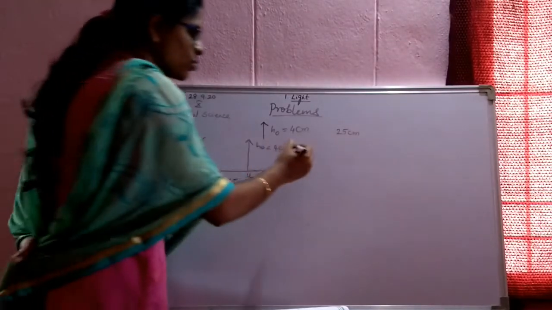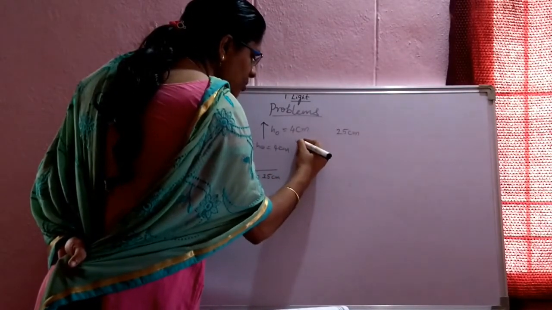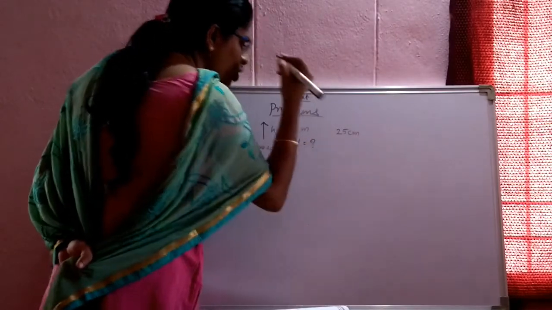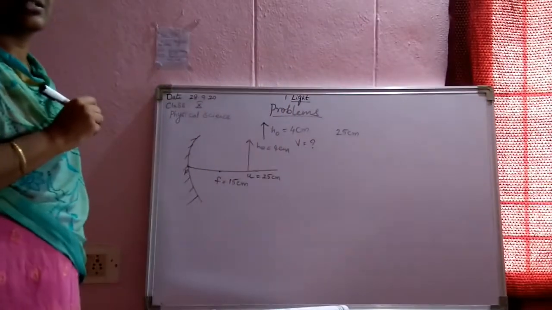What is the usage of a screen here? In order to capture the image. That means what we need to find is where the image can be captured on the screen. We don't know the image distance.